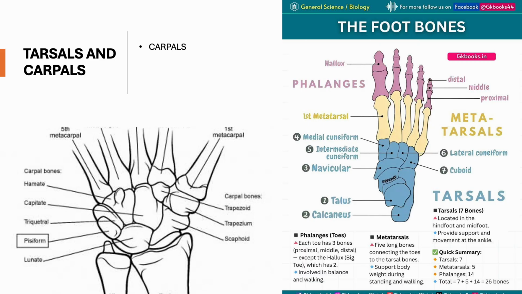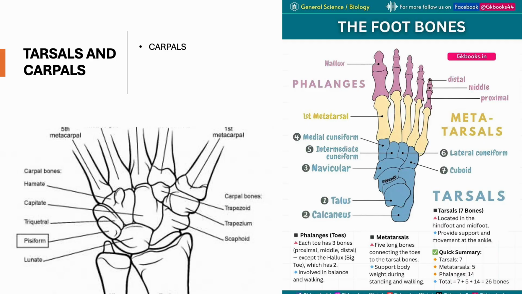The carpals here, the first image, is made up of the scaphoid medially, trapezium, trapezoid, and laterally we have the pisiform and also triquetral bone. Capitate and hamate, they are found on the middle part, and also lunate.